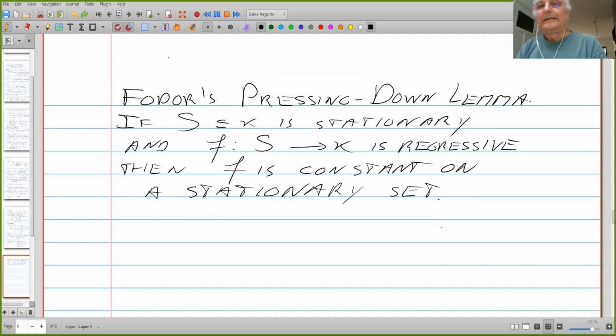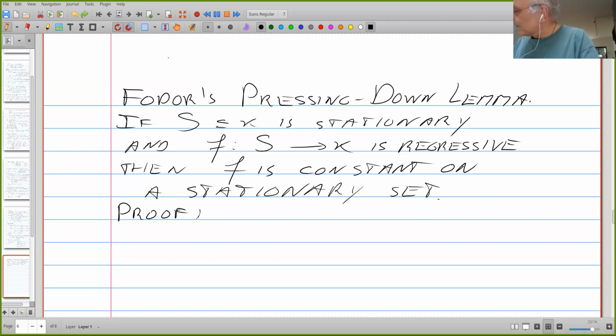I cannot begin to name all the applications of this because, like I said, set theory is sort of full of them. But I'll mention one or two later on. So how does the proof go?